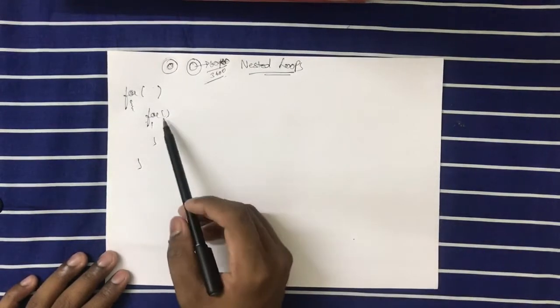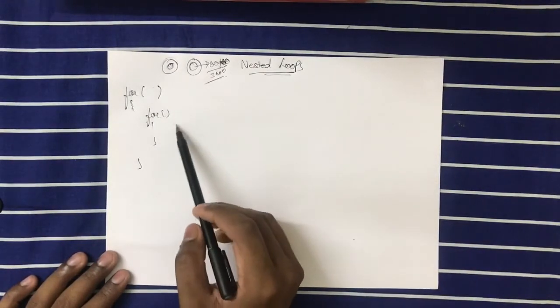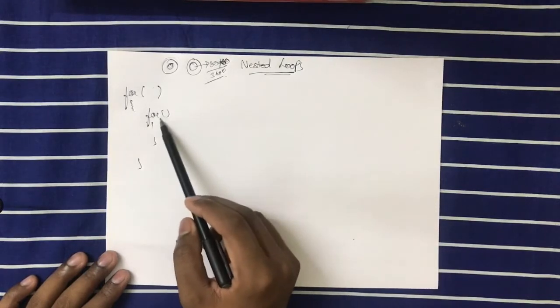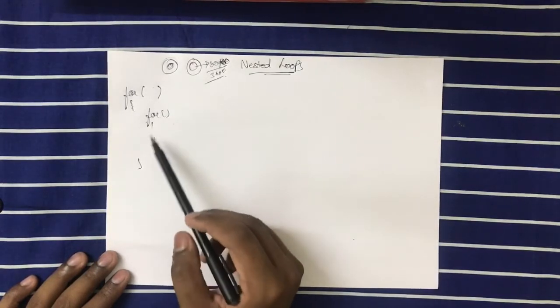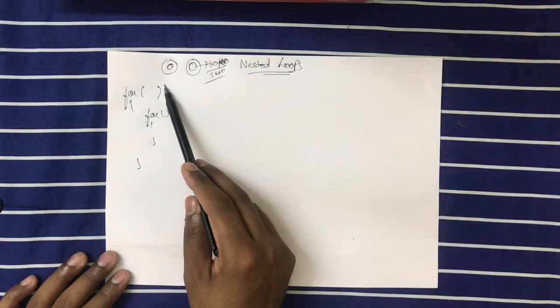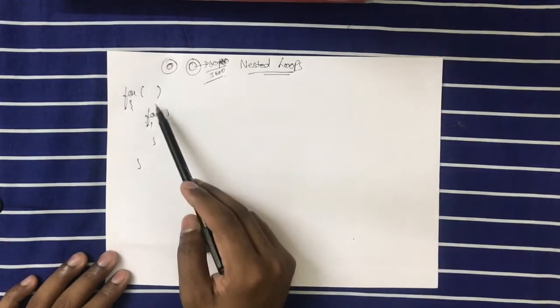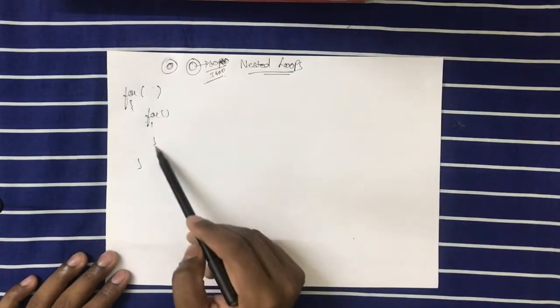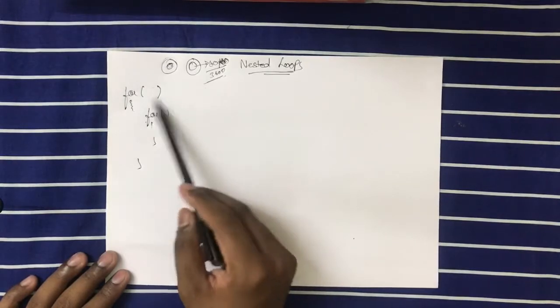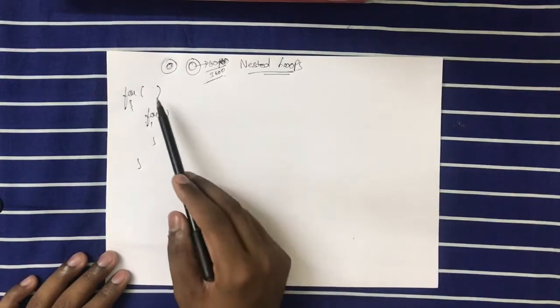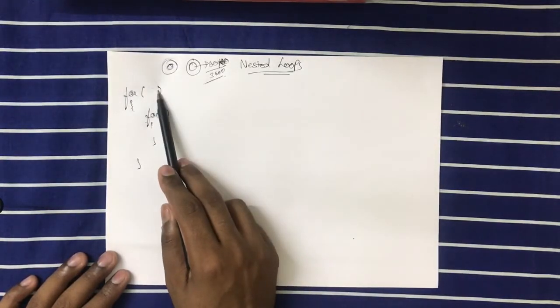Same, when this inner loop gets terminated, then only the outer loop can proceed by one step, and it comes again and this loop executes once more, and this process will go on up till the outer loop's condition is failed.